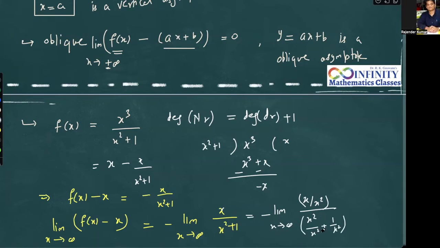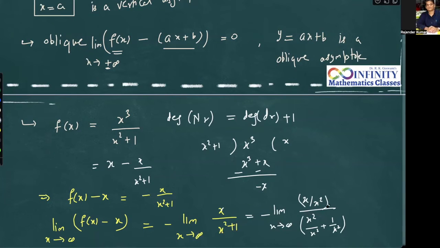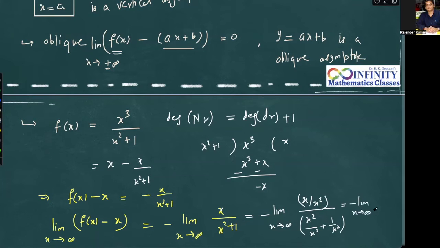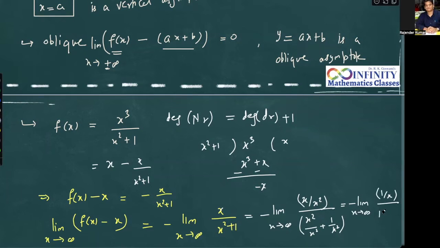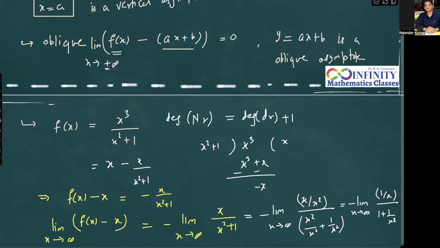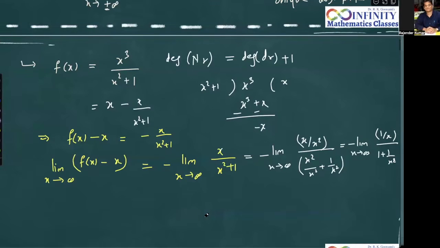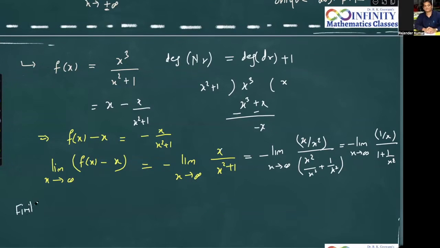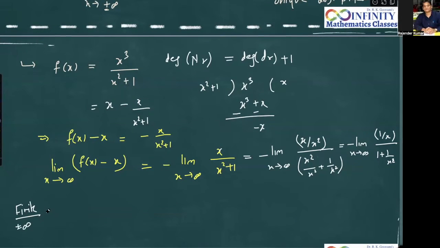Any doubt? Because x square was the highest term in the numerator and denominator, the numerator becomes 1 over x, and the denominator is going to be 1 plus 1 over x square. If up to this point everything is okay, remember, if there is a finite term divided by infinity, whether it is positive or negative hardly matters.